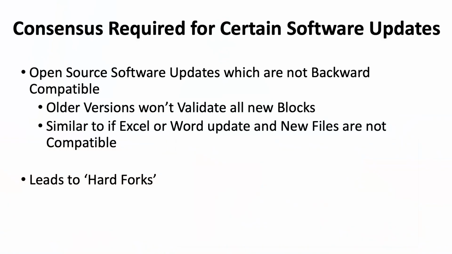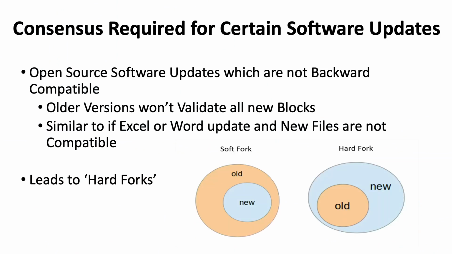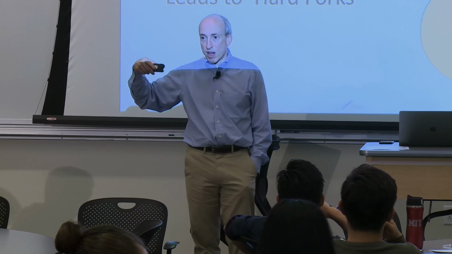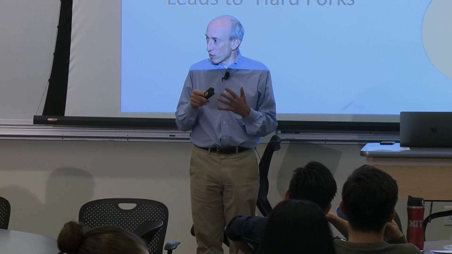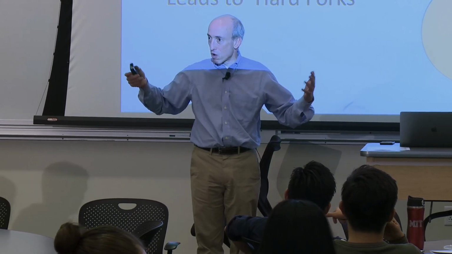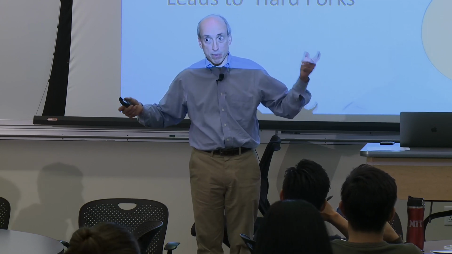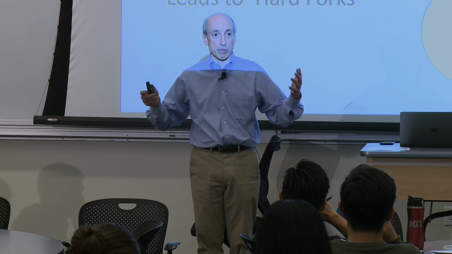And so it leads to something called hard forks. And this little visual on the right-hand side is basically what happens: you can't validate all the old blocks because the new software is going beyond it. A hard fork would happen if you took 2 megabyte blocks, if you made the block size bigger.